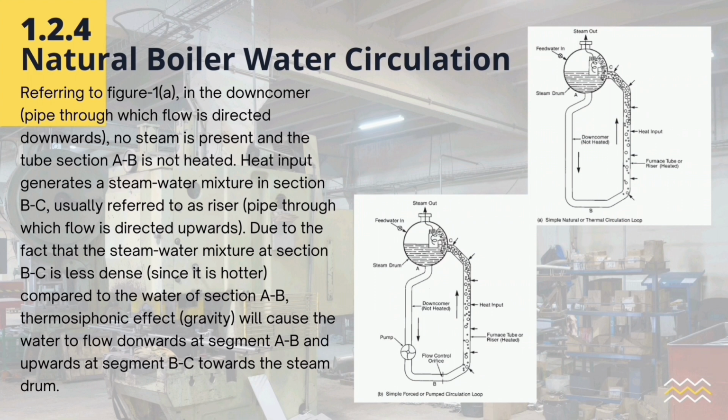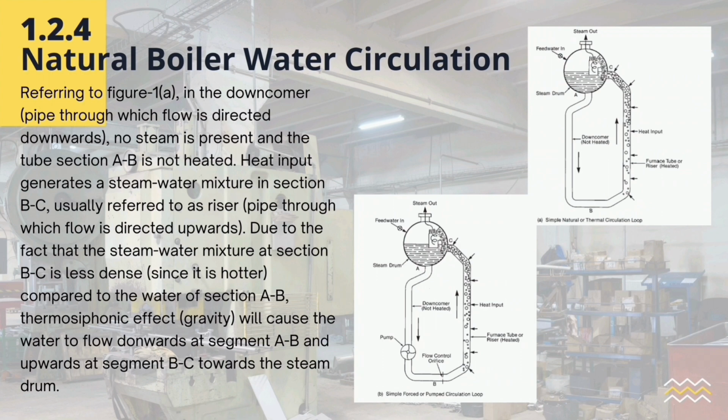Because the steam-water mixture in section BC is less dense since it is hotter compared to the water in section AB, the thermosiphonic effect of gravity will cause the water to flow downwards in segment AB and upwards in segment BC towards the steam drum.